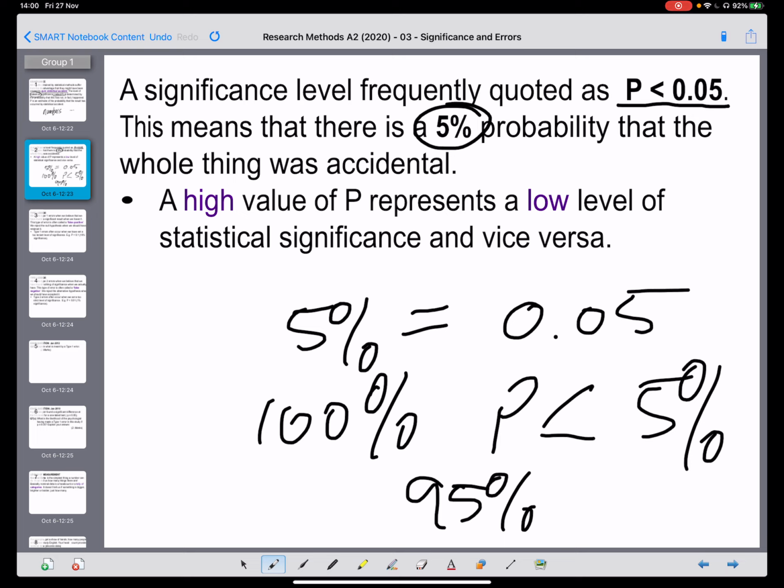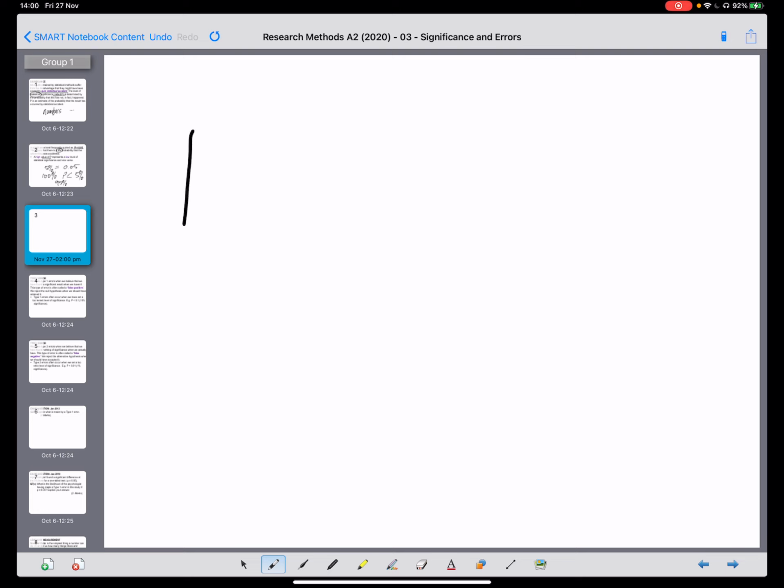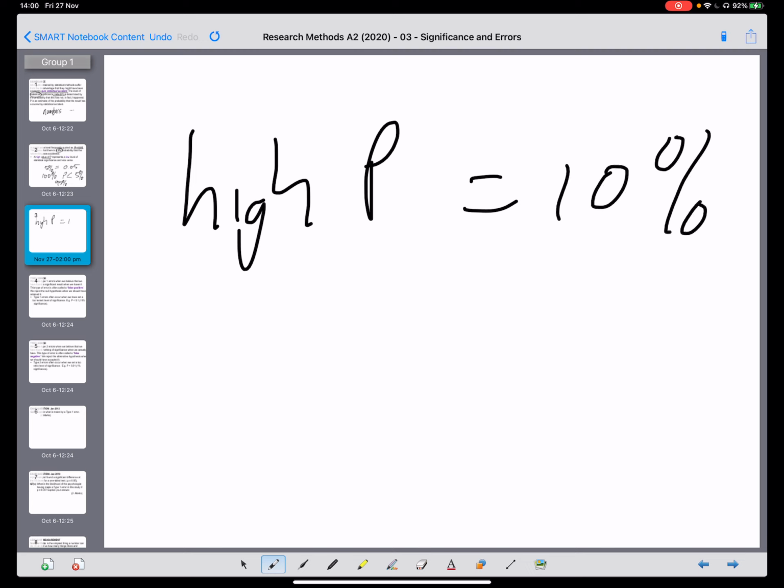So we can talk about values of P being either high or low. If I have a high value of P, that could be something like 10%, and a low P could be 1%.